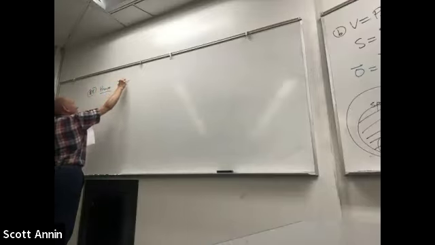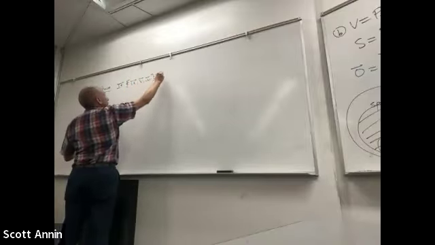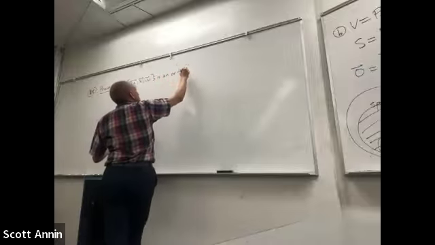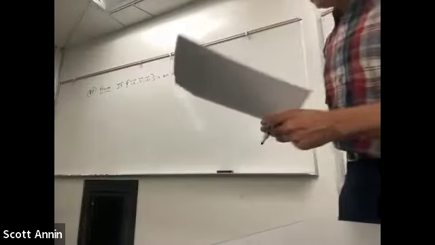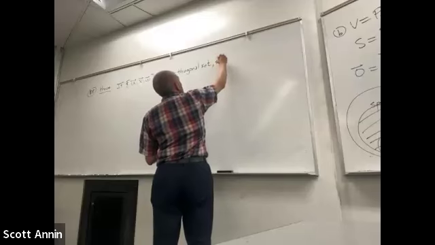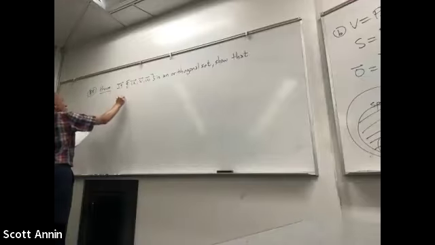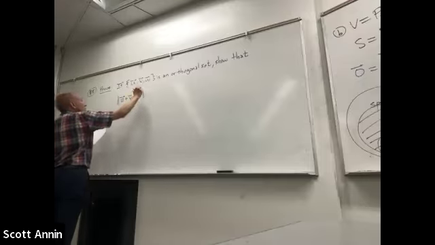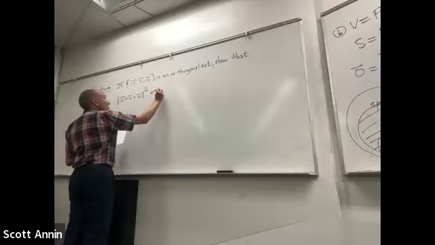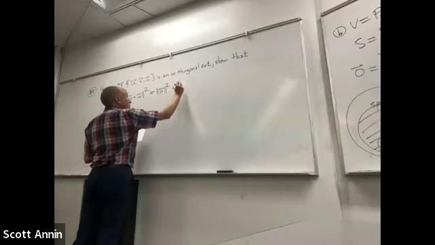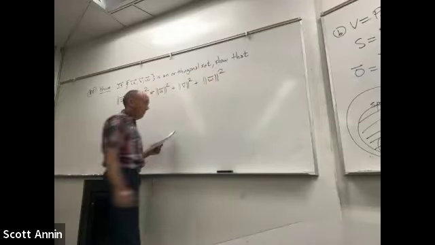If the set U, V, W is an orthogonal set, I would like to show that if I take the norm of U plus V plus W all squared, it would be equal to the norm of U squared plus the norm of V squared plus the norm of W squared.